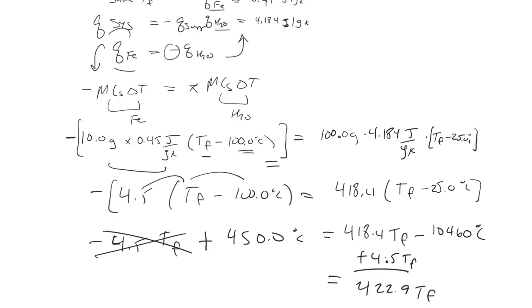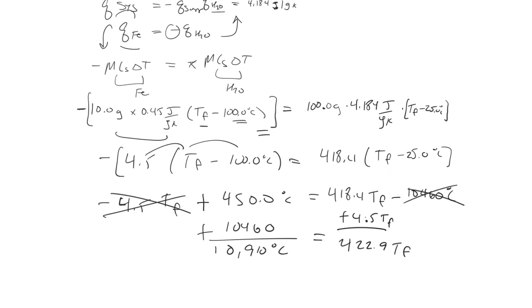And then let me add 10,460 to both sides, which gets rid of that over here. So 450 plus 10,460 is 10,910. So I have 422.9 times TF should be equal to 10,910 degrees C.